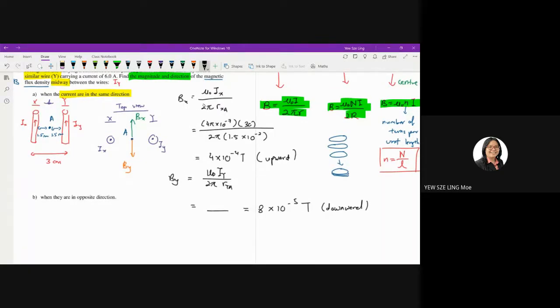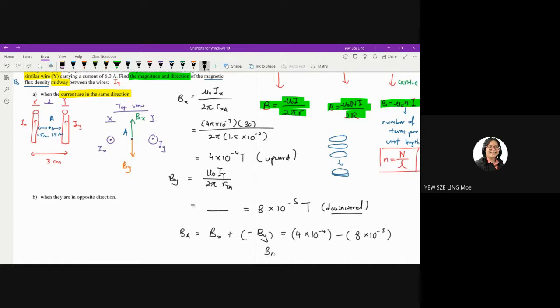So now how are you going to do it? You want to calculate the total magnetic field at point A. BA is then equal to BX plus a negative vector BY, since BX is going up and BY is going down. So negative BY, because this is going downwards. Therefore, it is 4 times 10 to the power of negative 4 minus 8 times 10 to the power of negative 5.